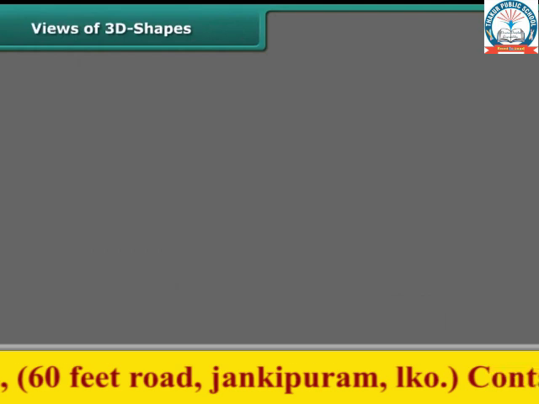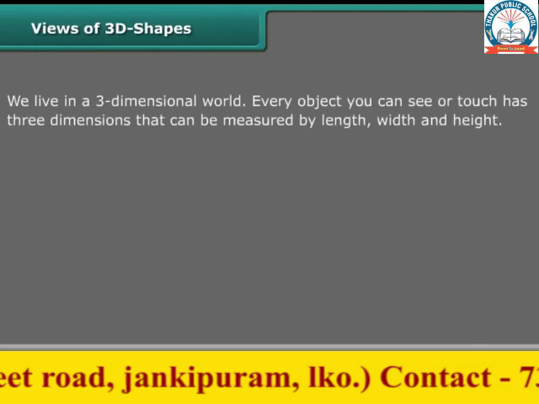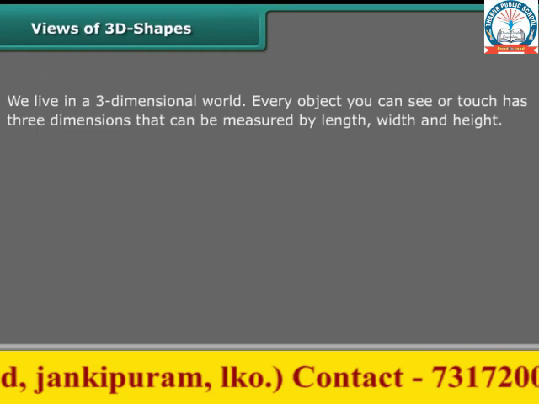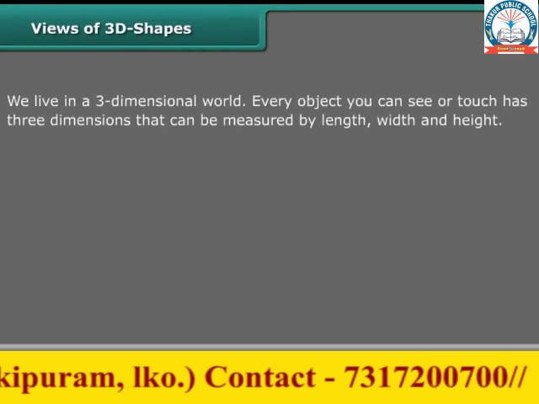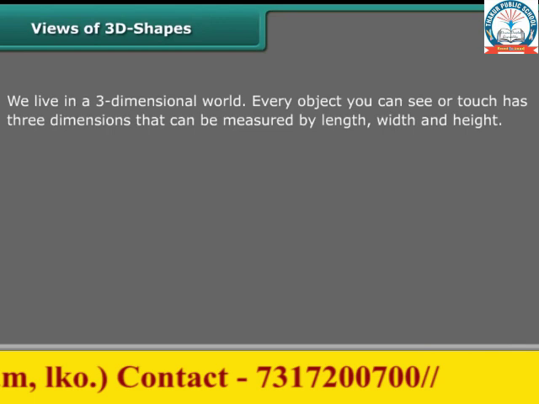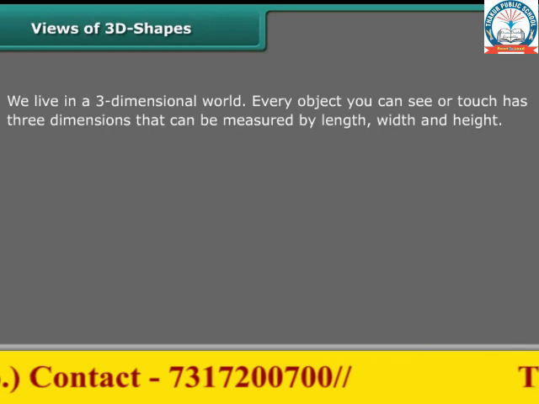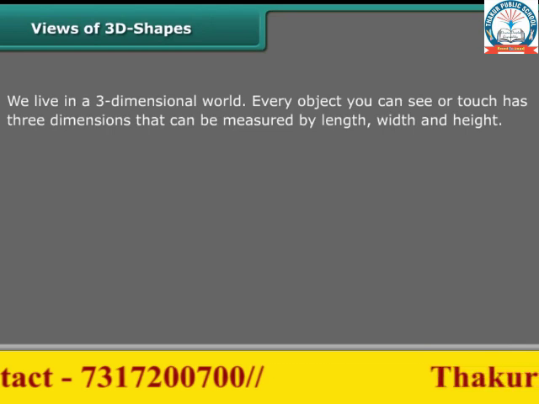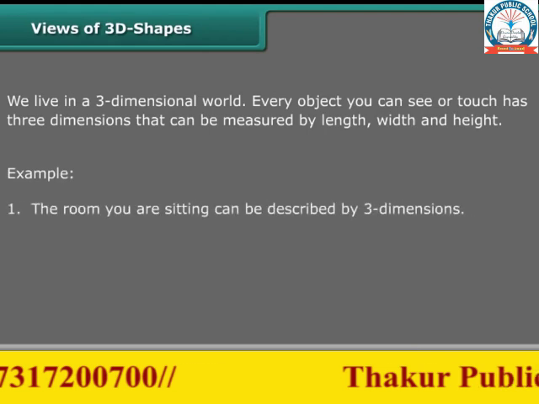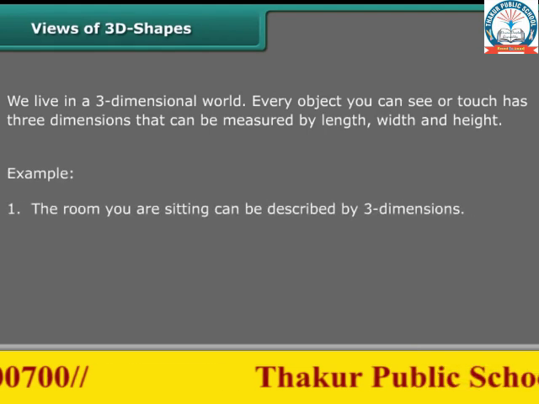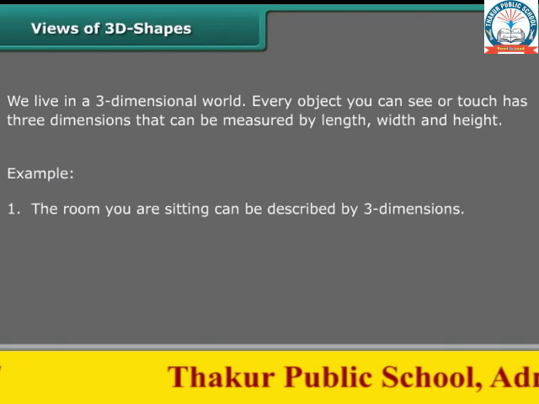Views of 3D shapes. We live in a three-dimensional world. Every object you can see or touch has three dimensions that can be measured by length, width and height. Example 1. The room you are sitting in can be described by three dimensions.